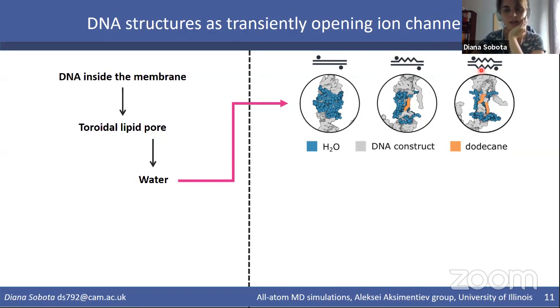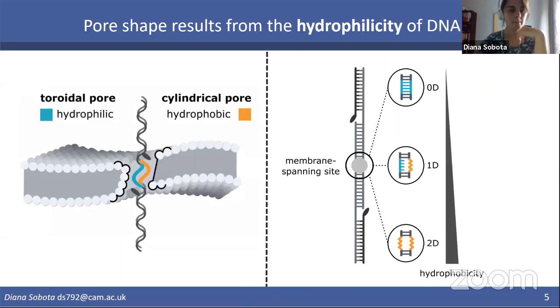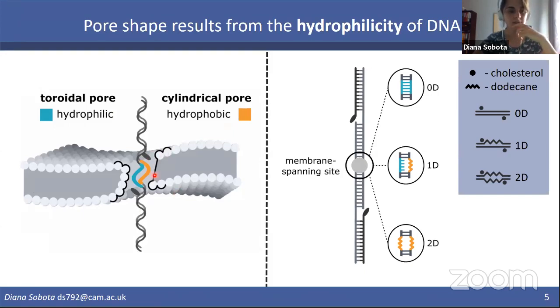You may wonder why there is water here in the channel at all. This is because when we think about it, if we would form a pore that looks exactly like this one, the cylindrical one, we would not have any means of testing it.